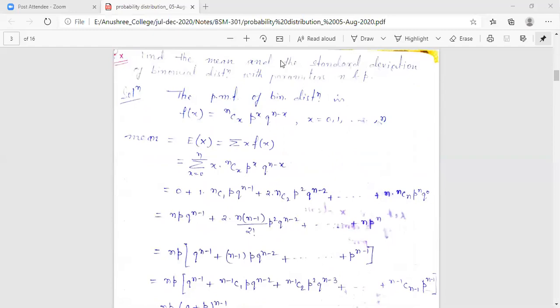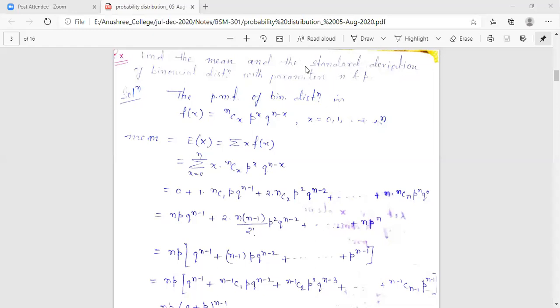Find the mean and standard deviation of the binomial distribution with parameters n and p. As we have seen in our previous class, the binomial distribution contains two parameters, one is n, another is p. With these two parameters, today we are going to describe the mean, and then go for standard deviation.